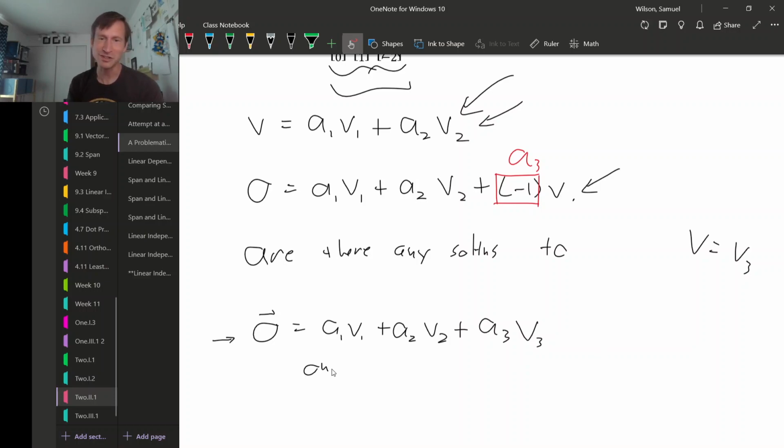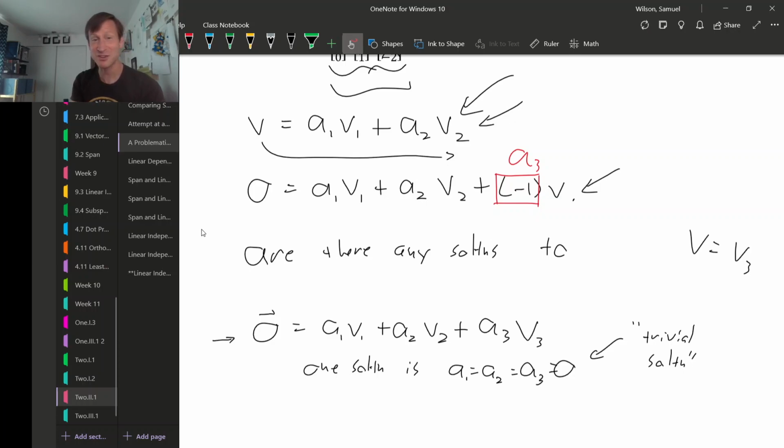One solution is just with all of these coefficients being equal to 0, right? This is called the trivial solution, right? By moving v to the right-hand side, we've made this a homogeneous equation, and homogeneous equations always have a solution just by choosing 0 for all of the variables.